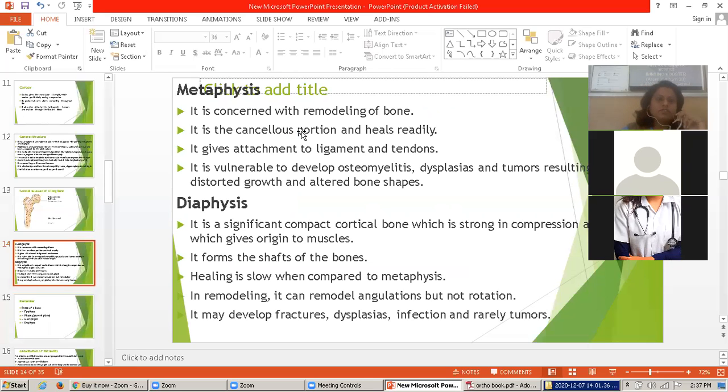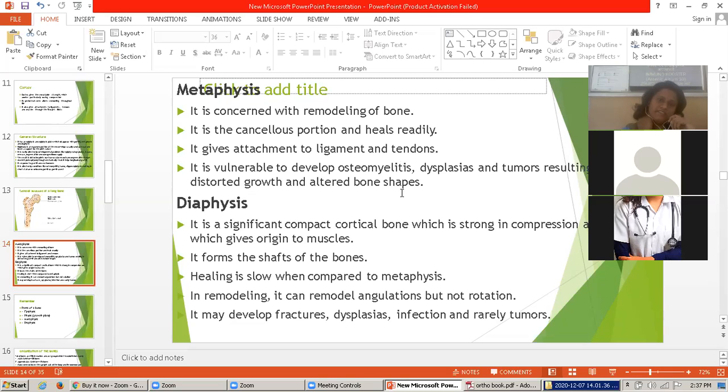Then next one is the metaphysis. It is concerned with the remodeling of the bone, and it is the calcaneus portion that heals rapidly. It gives attachment to the ligament and the tendon, and it is vulnerable to develop osteomyelitis, dysplasia, and tumors, resulting in distorted growth and altered bone shape.